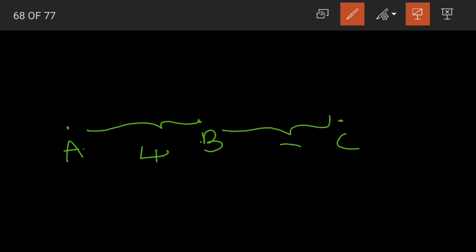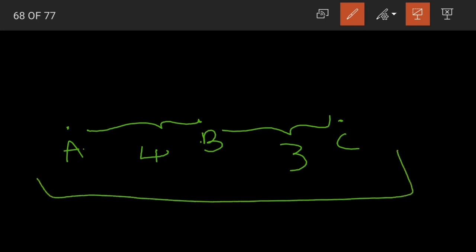See children, now we are having a car and three towns A, B and C. From town A to B, I am just taking an example, okay. From town A to B, the car has travelled 4 kilometers, and from B to C it has travelled 3 kilometers.